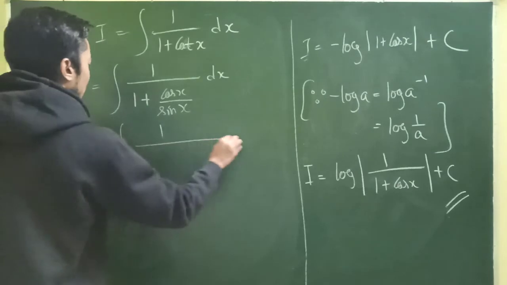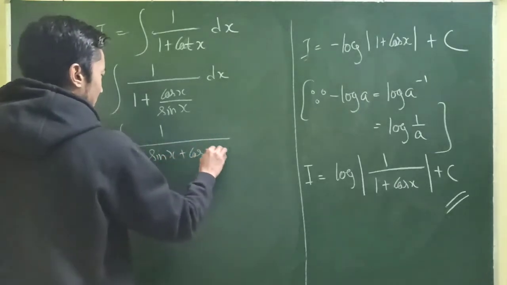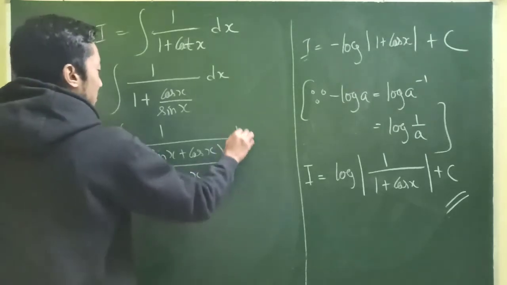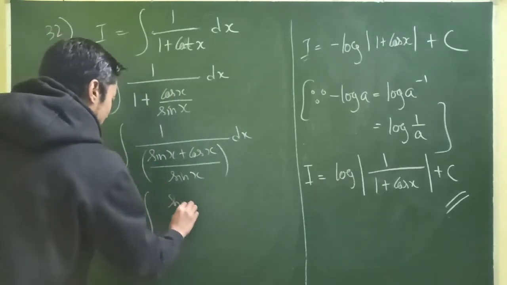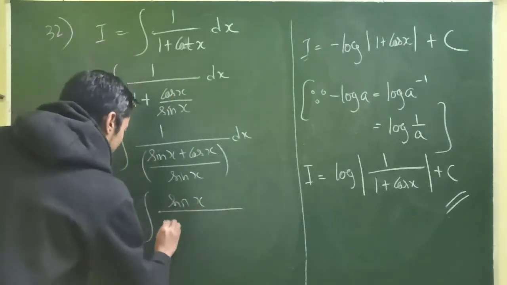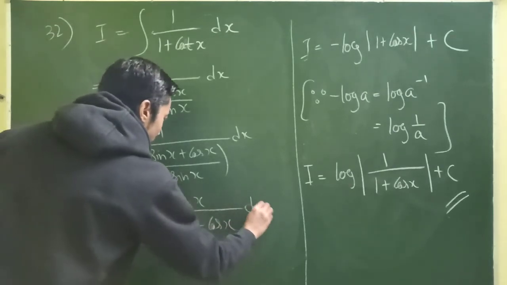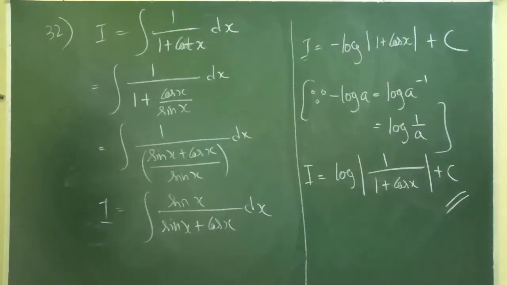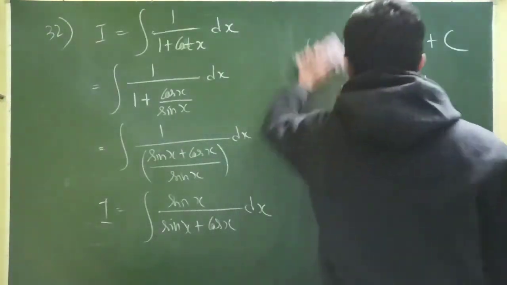So 1 by, I'll take the LCM, sine x plus cos x divided by sine x in the denominator. So that's going to be sine x by sine x plus cos x with respect to x. Just a little bit of simplification. Now on that again we'll have to continue.